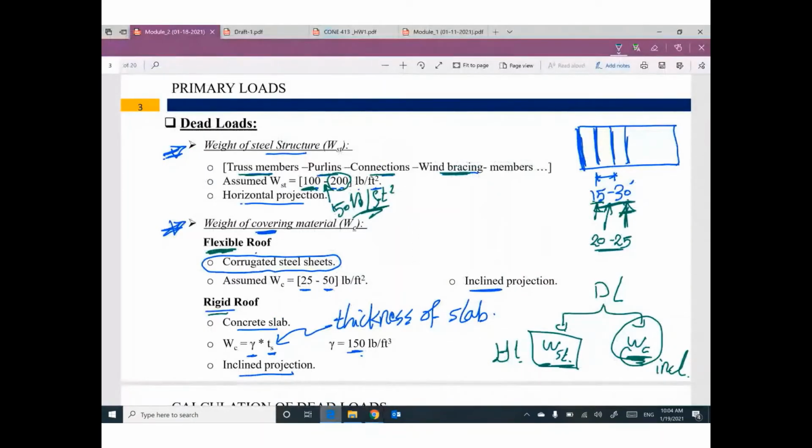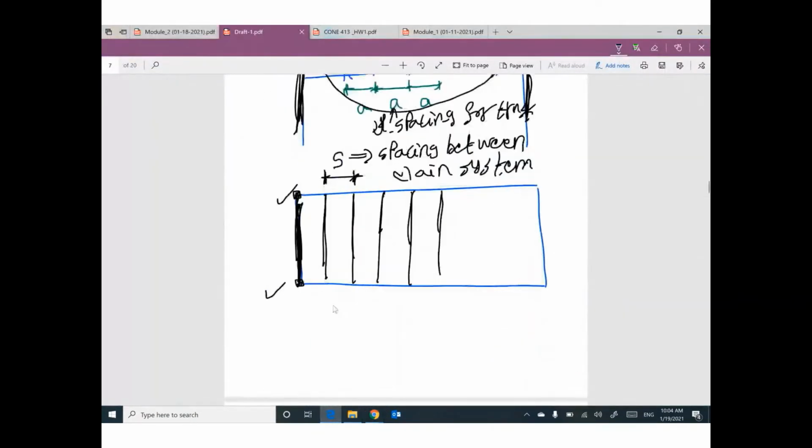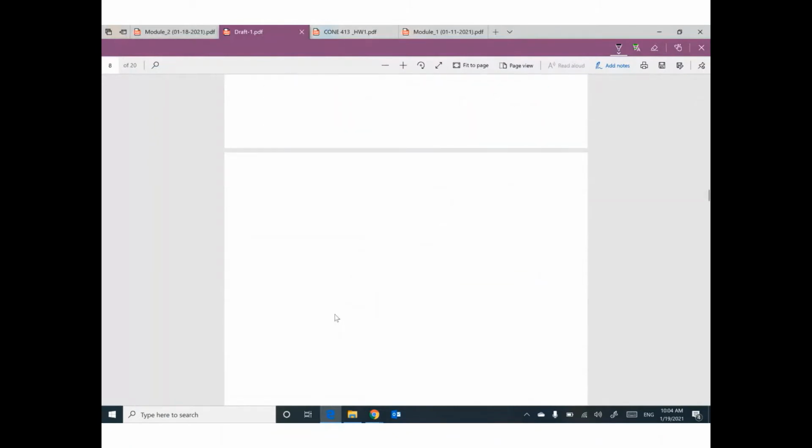Guys, before going through the next step, if you have surface load W, surface means on area.